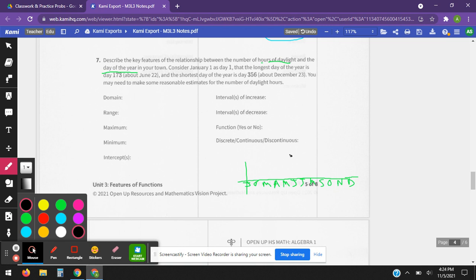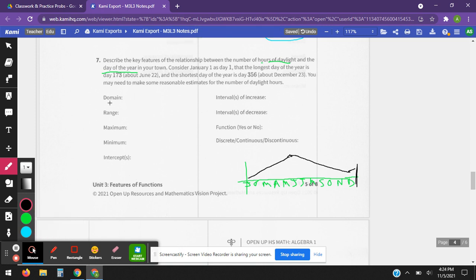And then December 23rd, somewhere over here, is going to have the least daylight hours. So that means we're getting longer as we go to January. We're getting shorter as we go to December. And then we go up just a little bit because the end of the year is not till over here, December 31st. So that's the look of the graph. And we've got some specific numbers right up here. So let's keep this in mind.